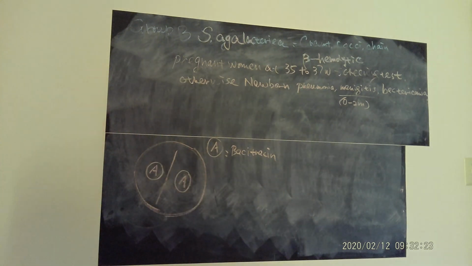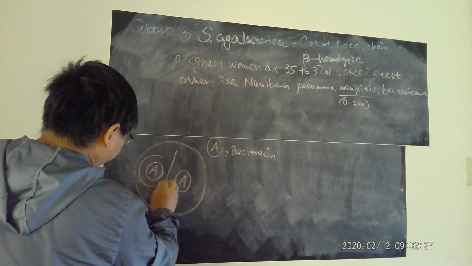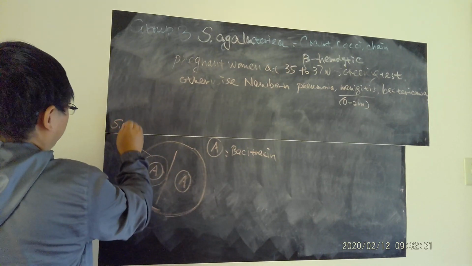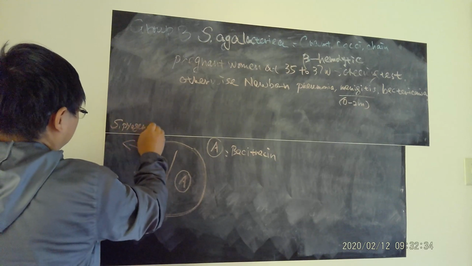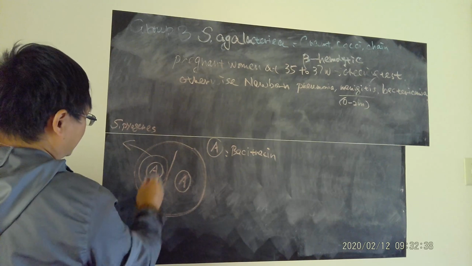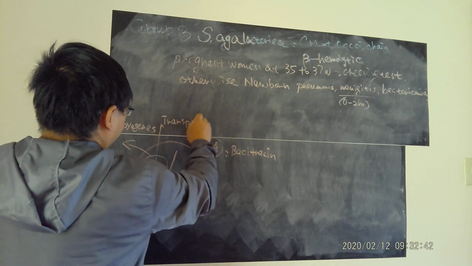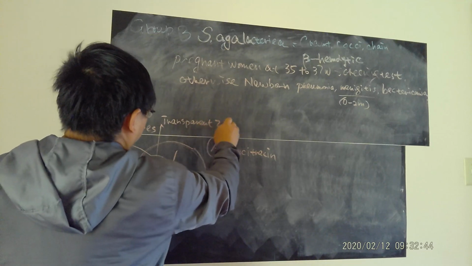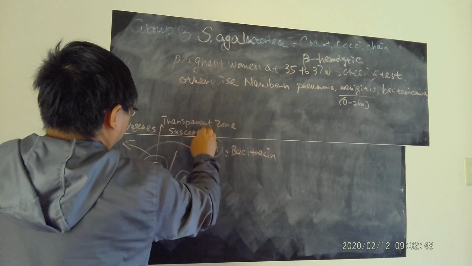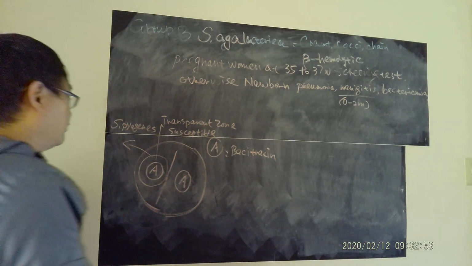Now what happens is, if it's Streptococcus pyogenes, it will be sensitive or susceptible to the A disc. So here there will be a transparent zone, which means it's susceptible to the A disc, to bacitracin.